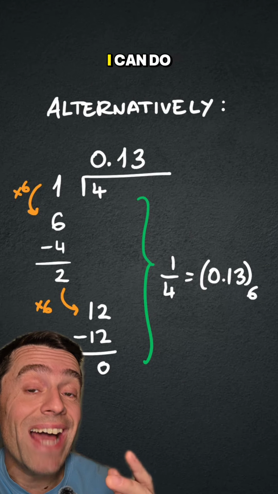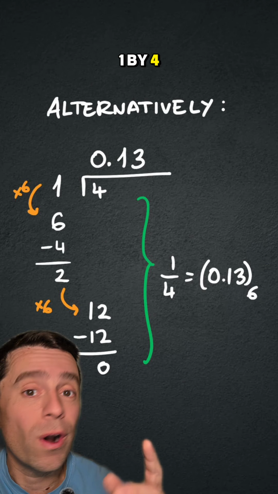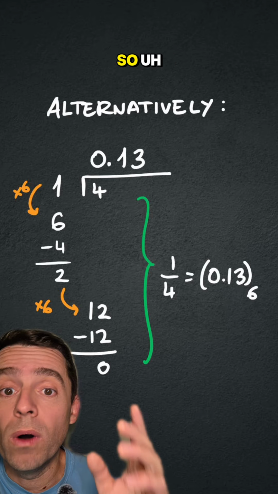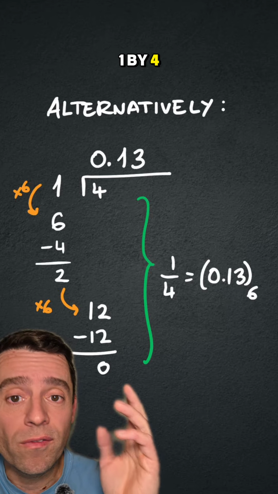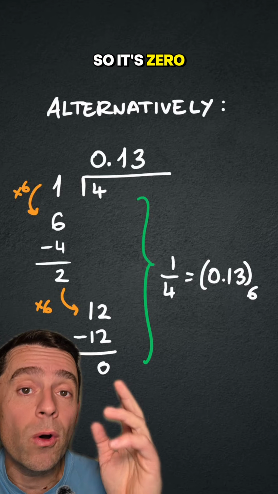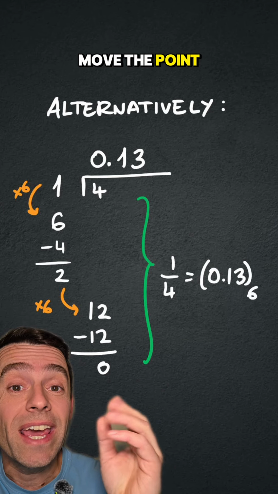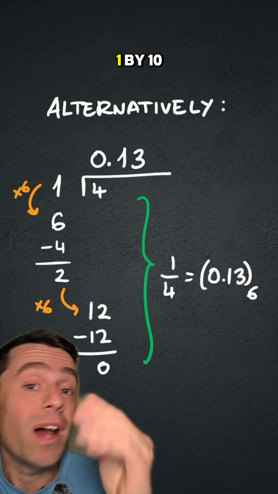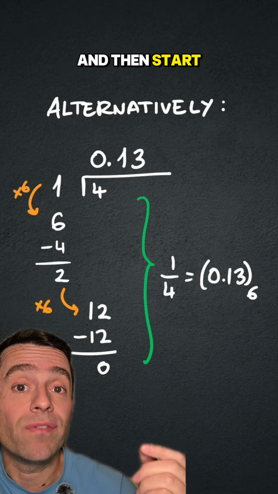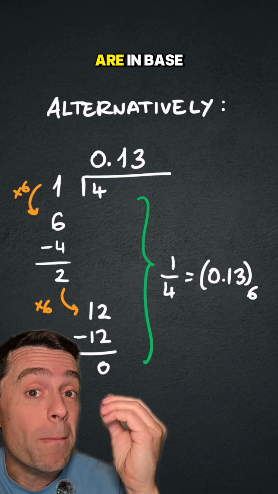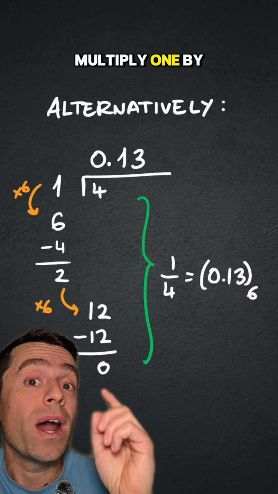Now, alternatively, I can do long division of 1 by 4 in base 6. So if I divide 1 by 4, 4 doesn't go into 1, so it's 0 point. And now to move the point, in decimal I would multiply 1 by 10 and then start dividing again by 4. But because we're in base 6, I have to multiply 1 by 6.